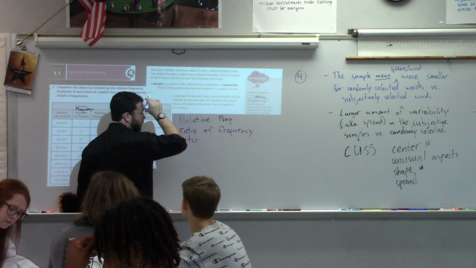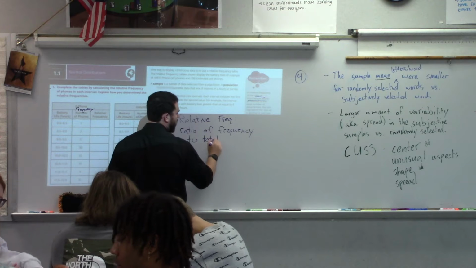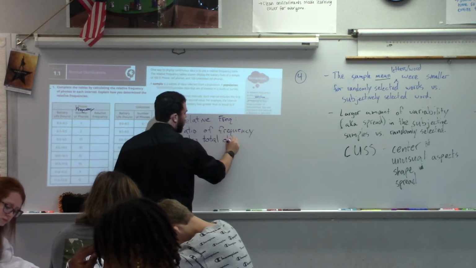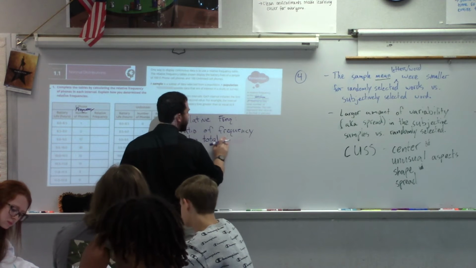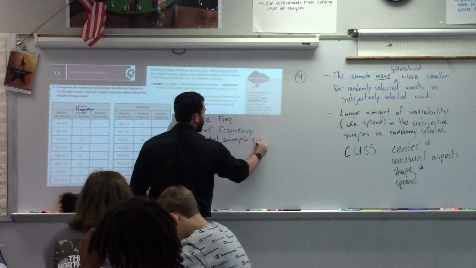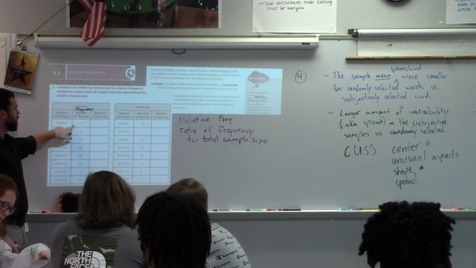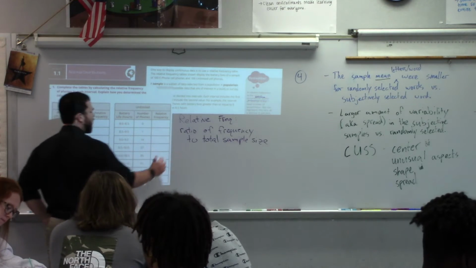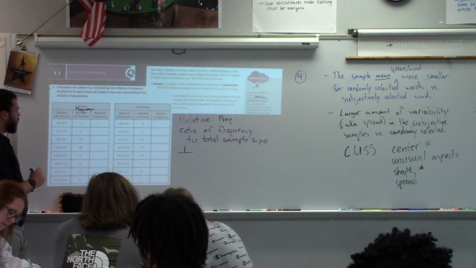So it's the ratio of frequency to total objects, or total size, sample size, that's what I should say. And so, when I look here, this first one, what's the frequency? 1. We have 1 cell phone. As a ratio to, what's the total sample size?